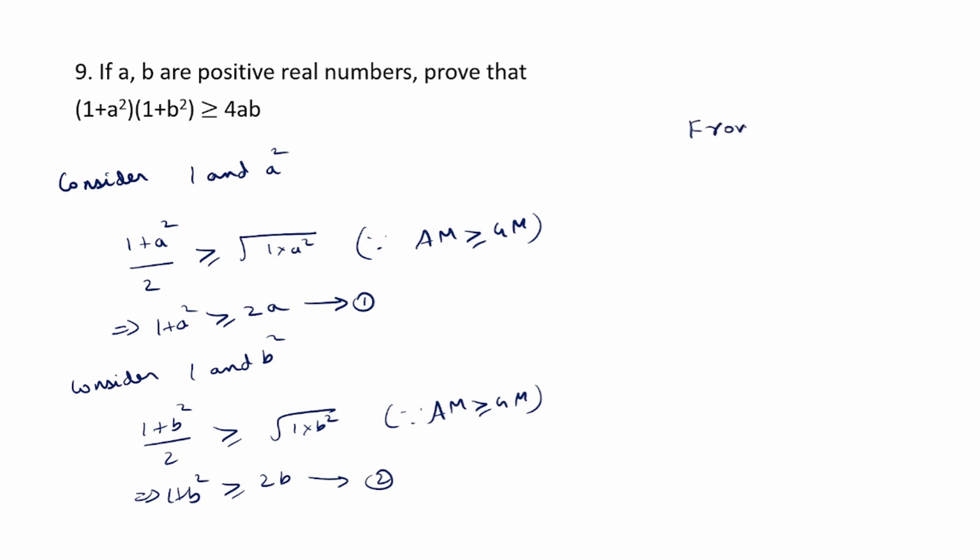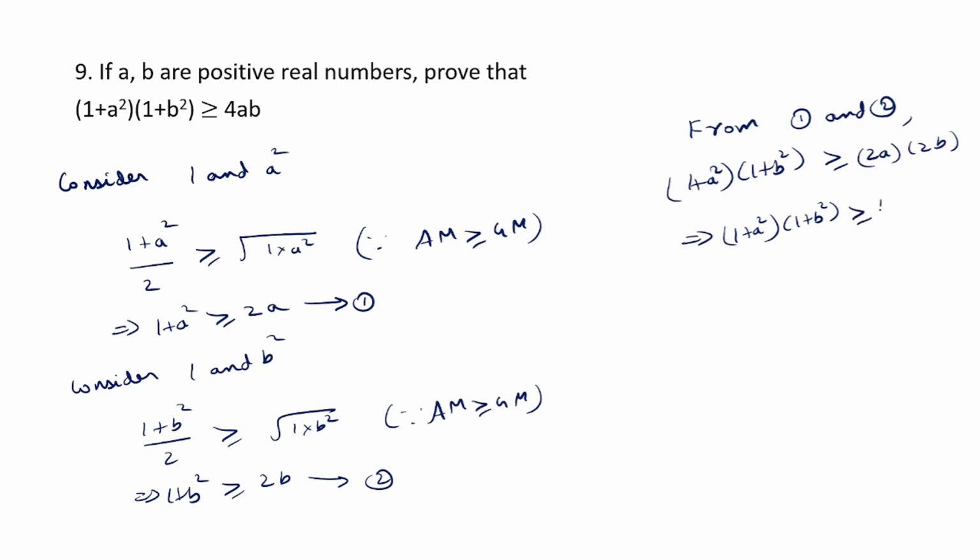So from 1 and 2, 1 plus a square into 1 plus b square is greater than or equal to 2a into 2b, or we have 1 plus a square into 1 plus b square greater than or equal to 4ab. So this is what we have to prove, and we have proved.